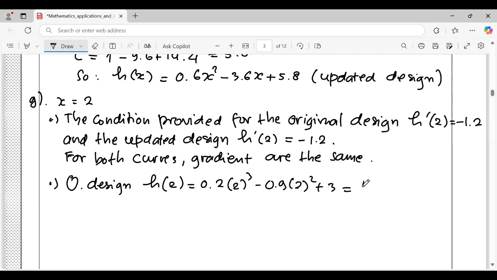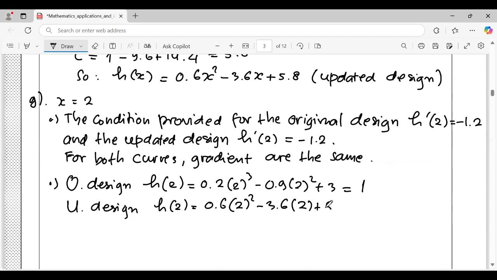If you calculate this, the result equals 1. And for the updated design, h(2) equals 0.6 times 2 squared minus 3.6 times 2 plus 5.8, which is 1.